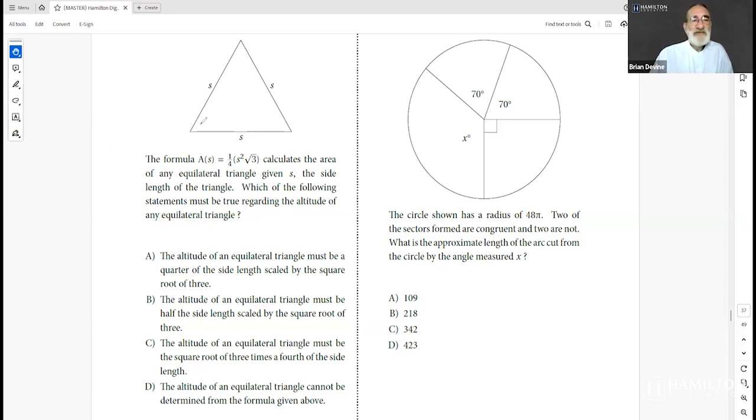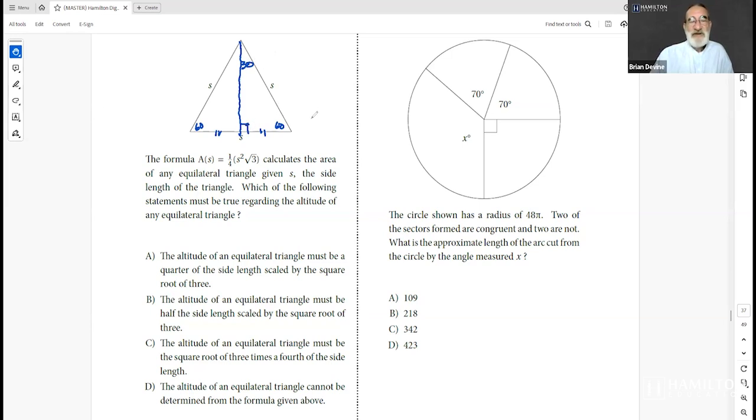Well, the fact is that every interior angle is 60 degrees, 180 divided by 3, they're all congruent. And if I drop this altitude, the height, that's going to bisect the base, and it's going to bisect the vertex angle. So that's now 30 in this triangle on the right.